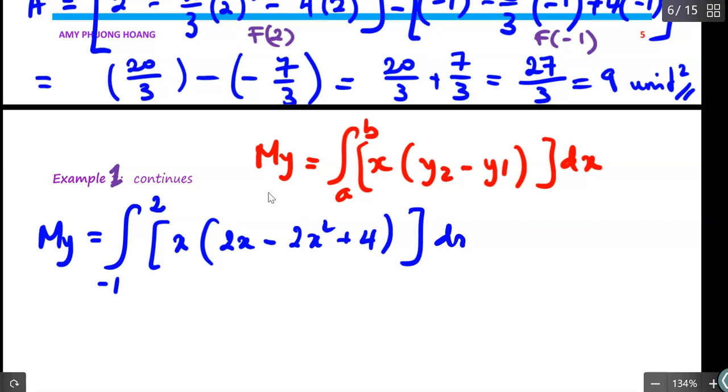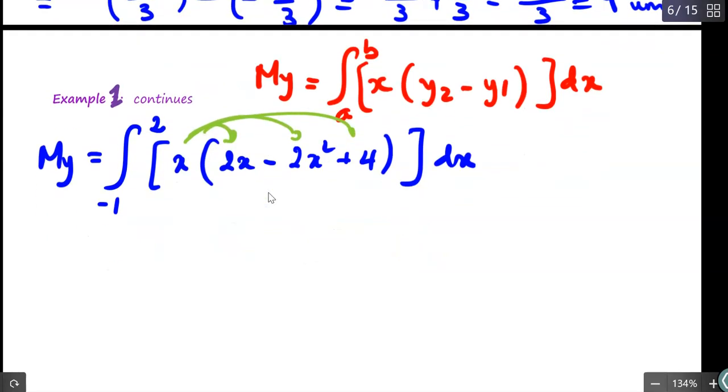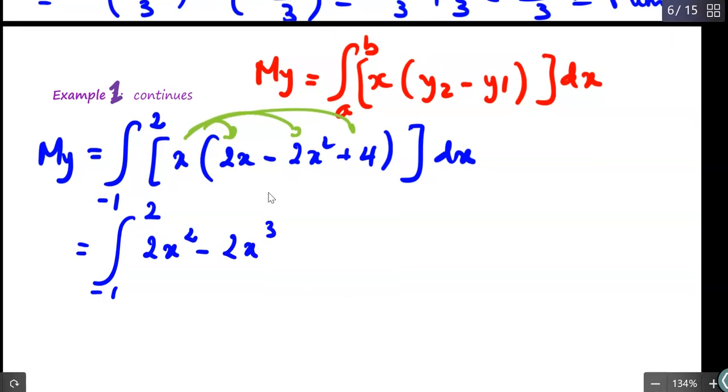Okay, so make sure that I got it correct: 2x minus 2x squared plus 4, and all of this multiplied inside the bracket first before we integrate. So the integral from minus 1 to 2 of 2x squared subtract 2x cubed plus 4x, all of this as dx.